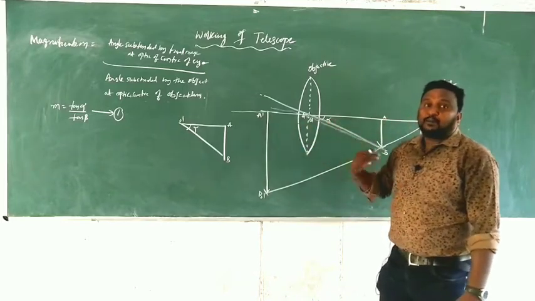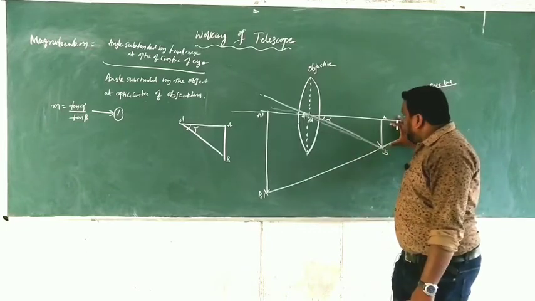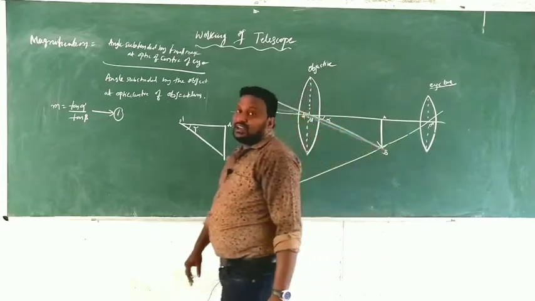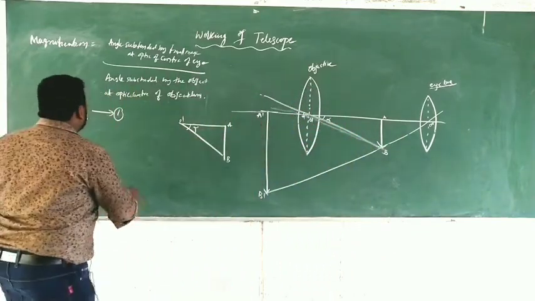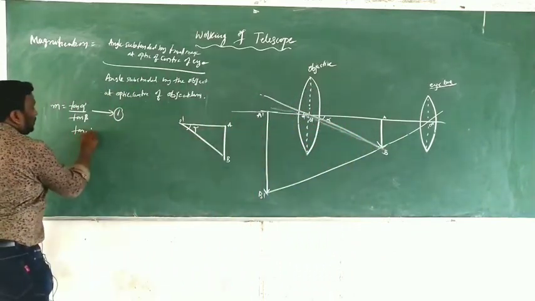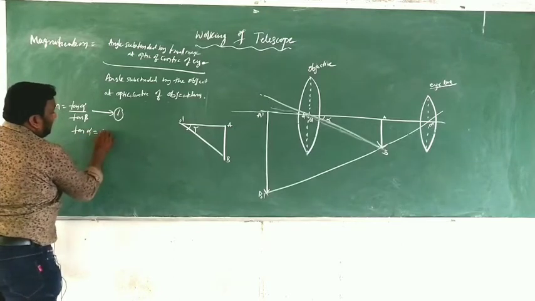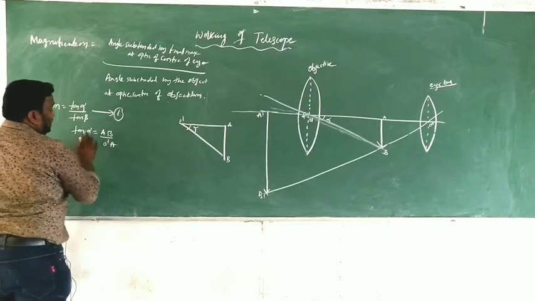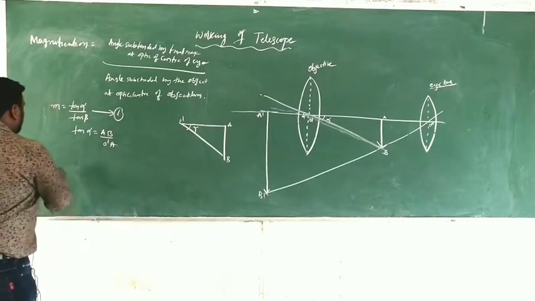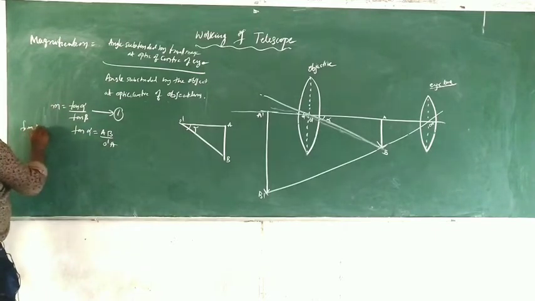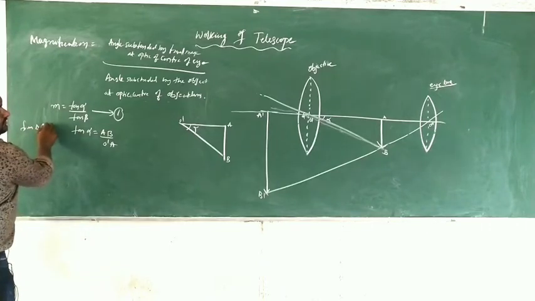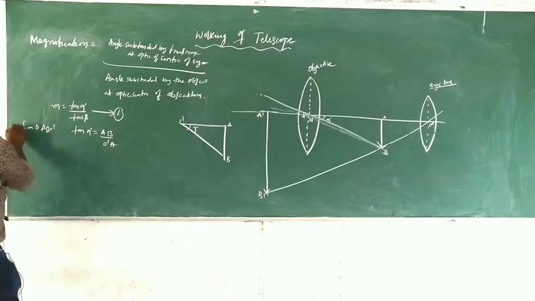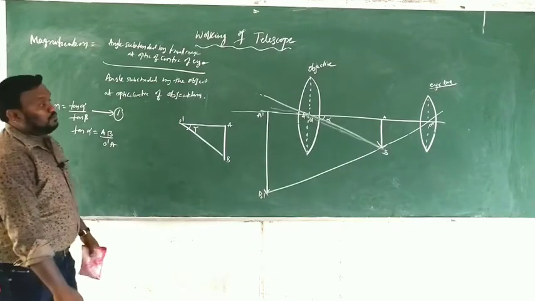Now tan means opposite side by adjacent side. That's why AB by O dash A. So like that we can write tan alpha equals AB by O dash A, from triangle ABO dash. Clear?